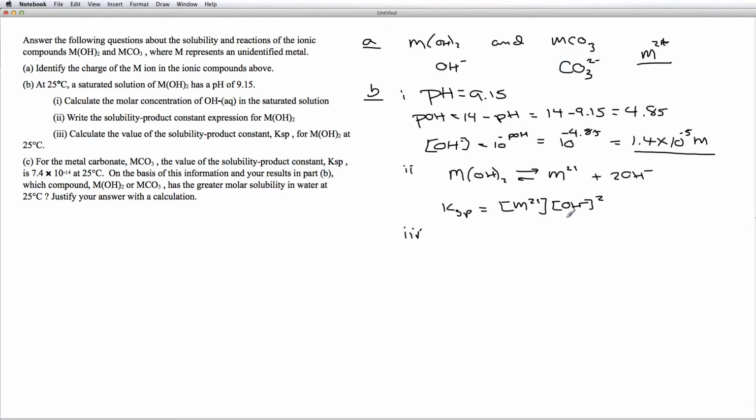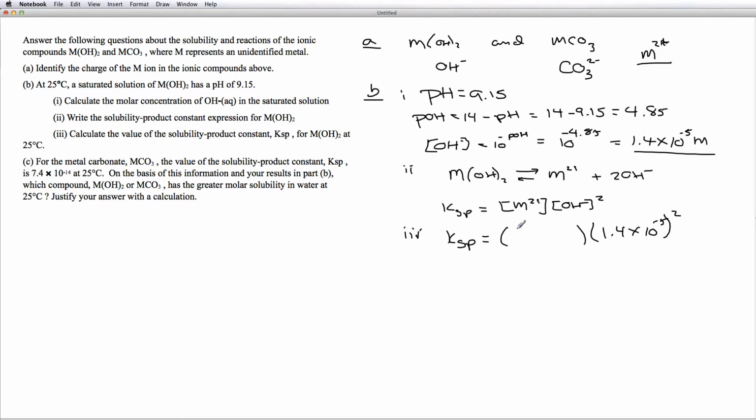So using this equation that we have up here, we know the OH is that value. So Ksp has to equal something times 1.4 times 10 to the minus 5th squared. Well, if we look at the mole ratio, I see that I have half a mole of this compared to that.